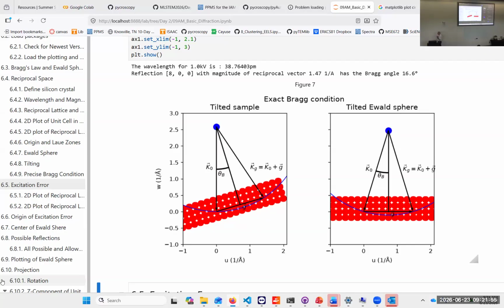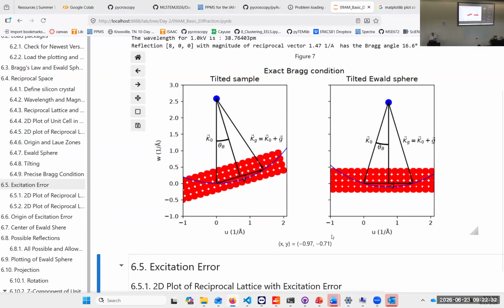So you leave the Ewald sphere alone and you can rotate the incoming beam. You can rotate that, but around the zero origin. But the Laue zones, I think what you want to say is that the Laue zones change depending on what the incoming direction is, and that is correct. Okay. Hope I answered your question here, Mehmet.